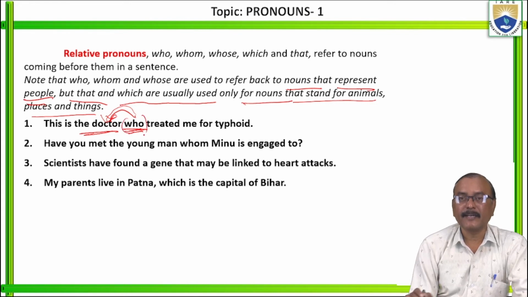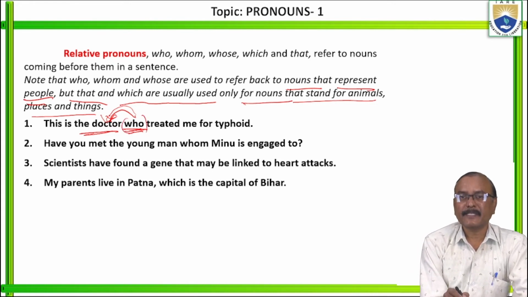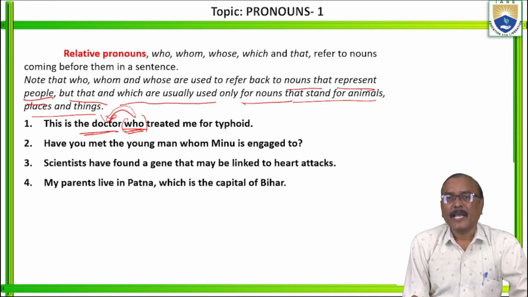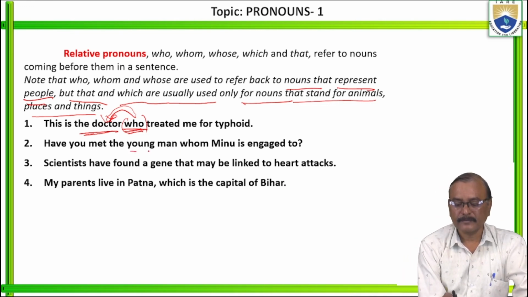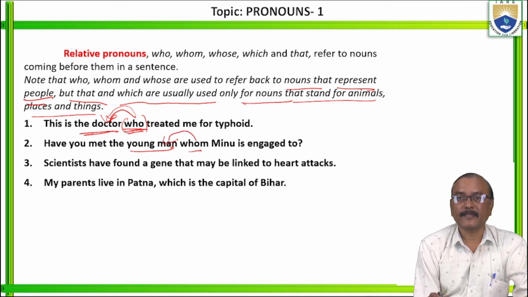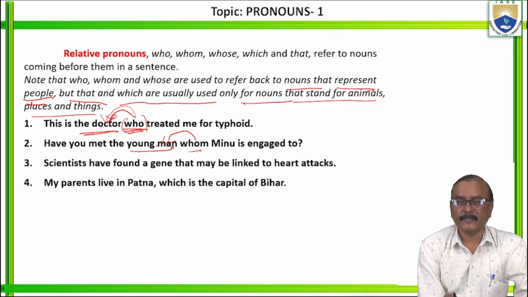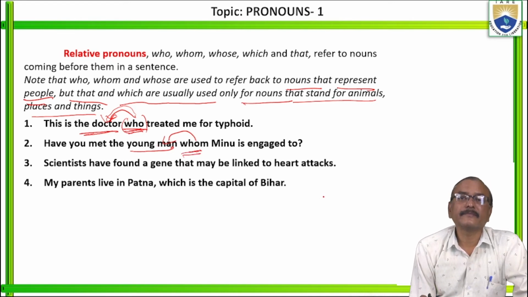It always represents its preceding noun or its preceding pronoun. Have you met the young man whom Minu is engaged to? Whom is related to young man. So it is related to this preceding noun, so it is called a relative pronoun.